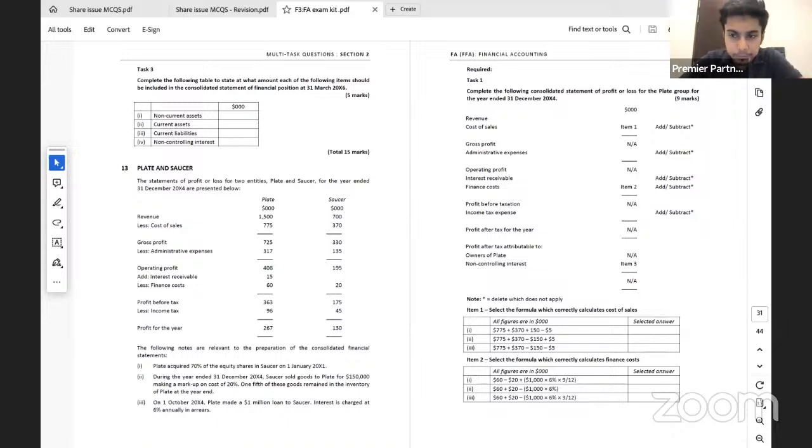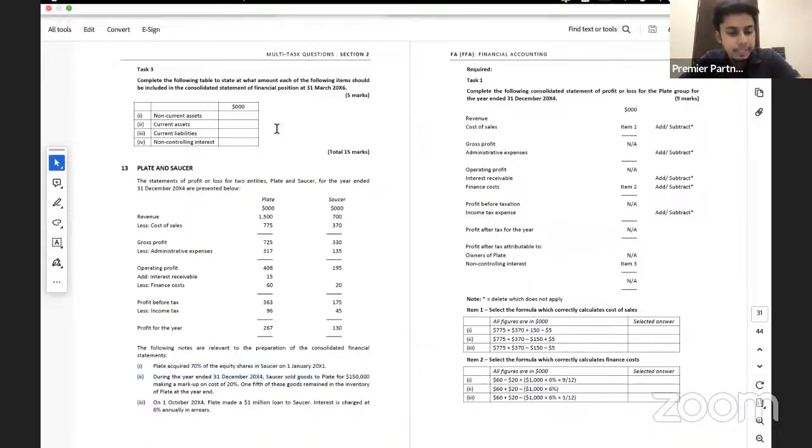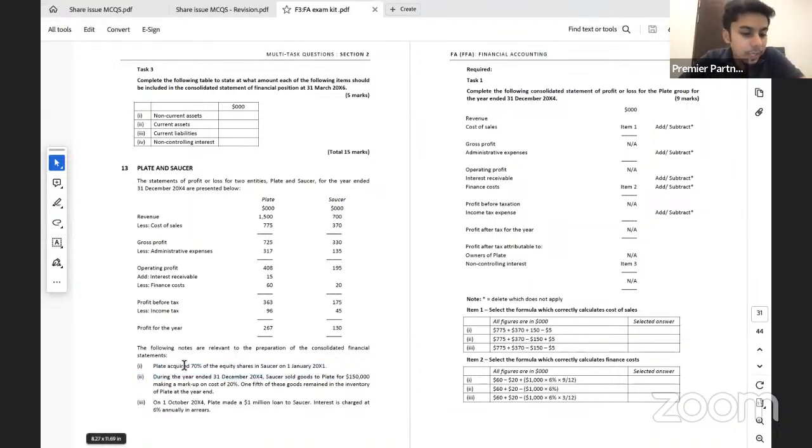The requirement. Okay. Now, guys, always when you start a question, first see the structure. Who bought whom? Okay. So in this question, guys, they are telling us Plate acquired 70% of Saucer on 1 January 2001. So what happened, guys, again? Plate acquired 70% of Saucer on 1 Jan 2001.